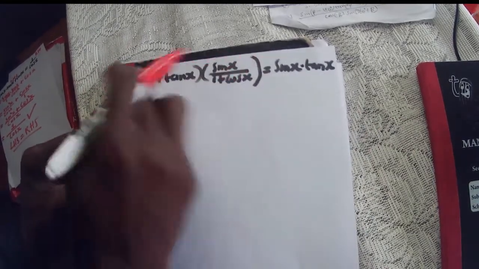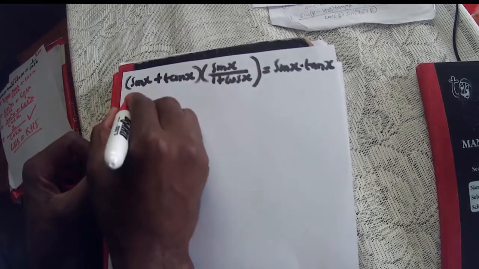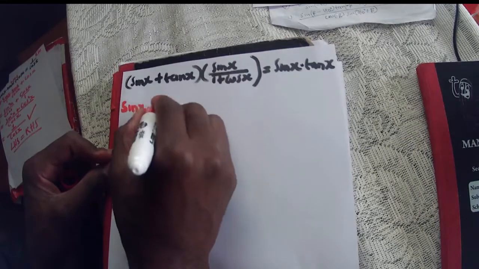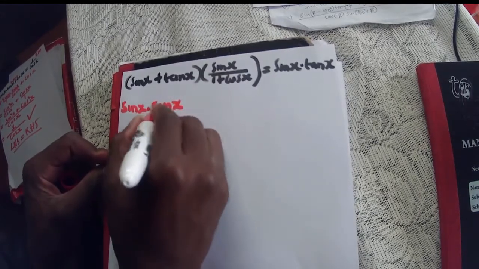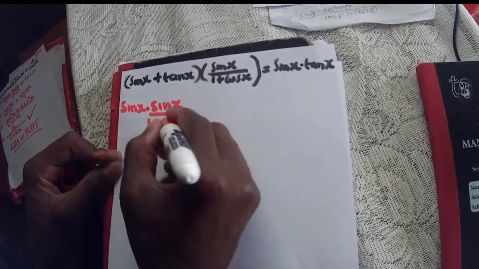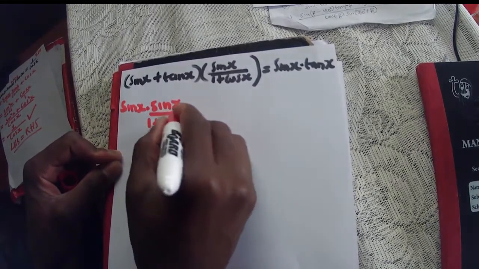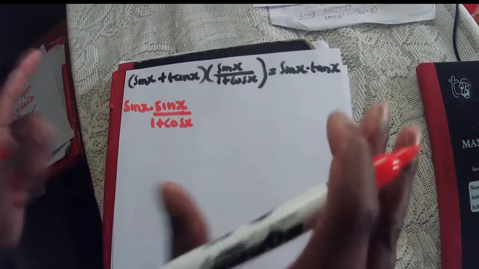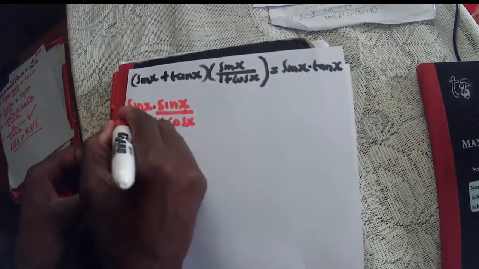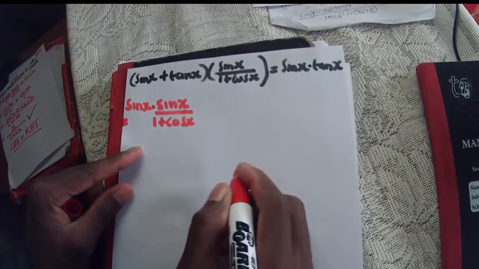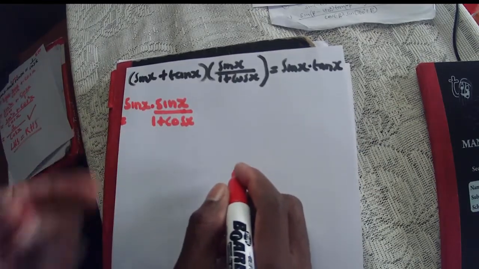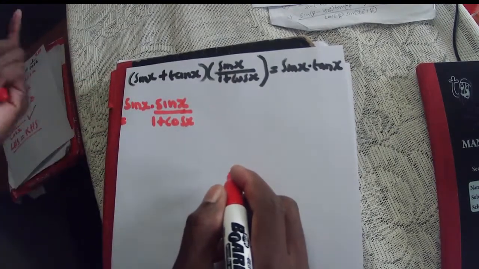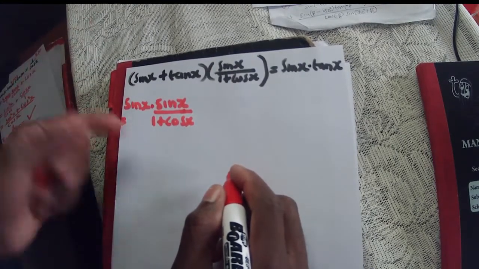I'm going to multiply this by that, so I'm going to write it like this: sine of x multiplied by sine of x divided by 1 plus the cos of x. I'm writing it this way so that you guys don't get confused. I want you to observe every step, because these things can be confusing for some learners.